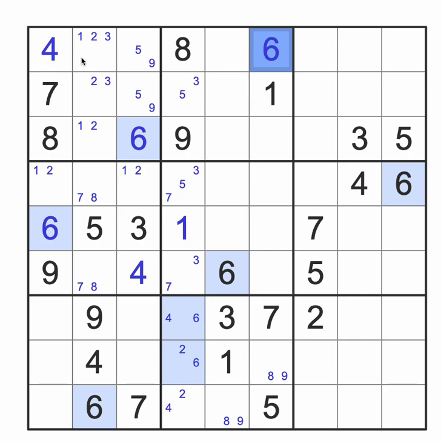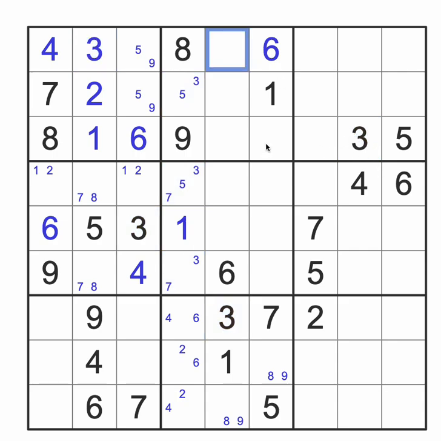it gives me 3 on row 1, because this 3 blocks these. This 3 in box 8 blocks this cell. This 3 in box 4 blocks this cell, gives me 3 here, which gives me 2 and 1. And the 3 here in box 1 blocks this cell.